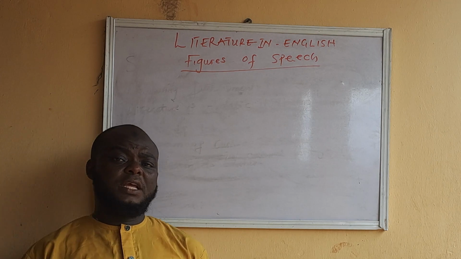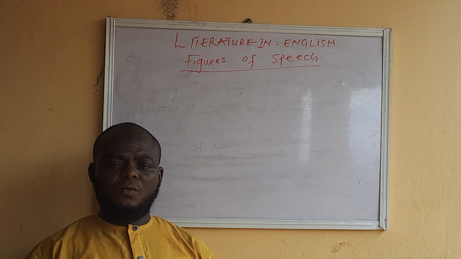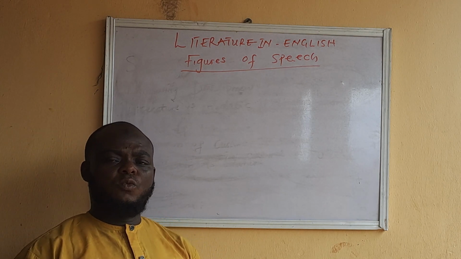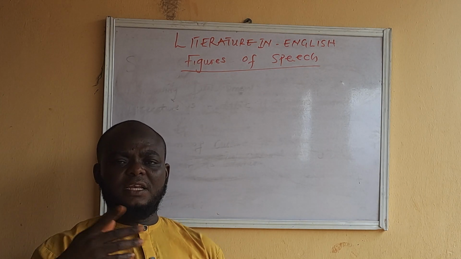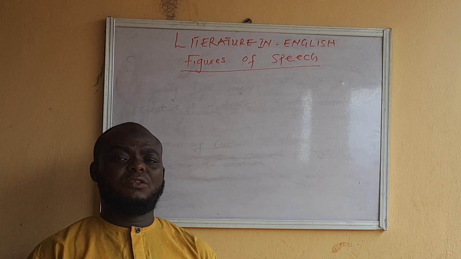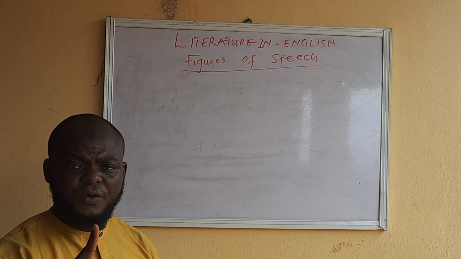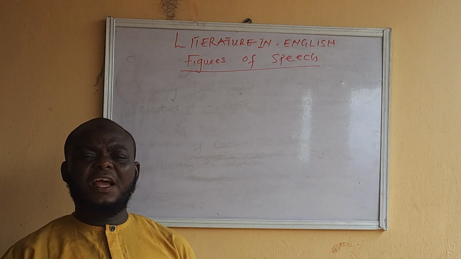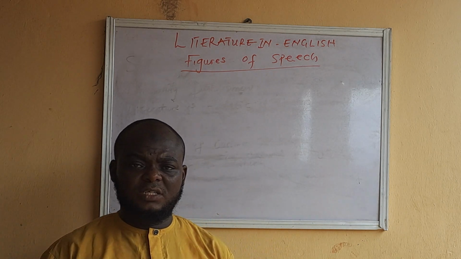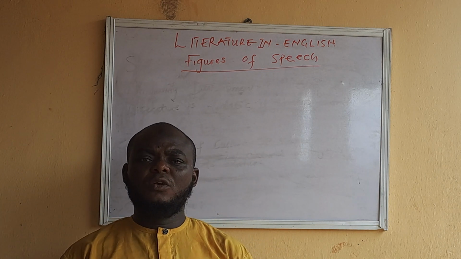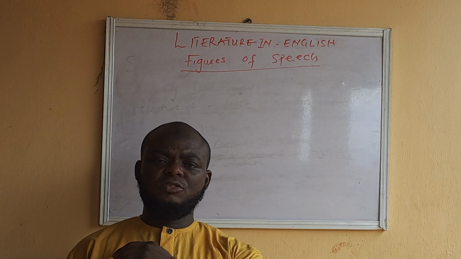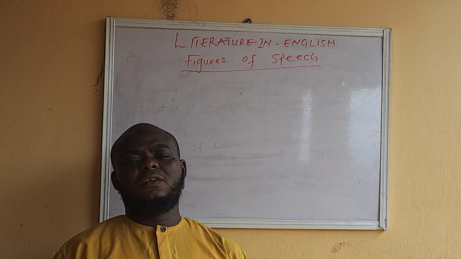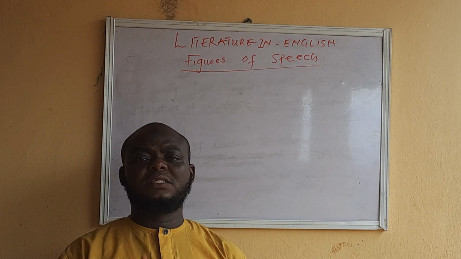We can't finish them today, but wherever we stop today, we'll continue from there in our next class, which is next week Saturday. So the first figure of speech, which every one of us is familiar with, the first one we always teach in school, that is very common in our society, is simile.